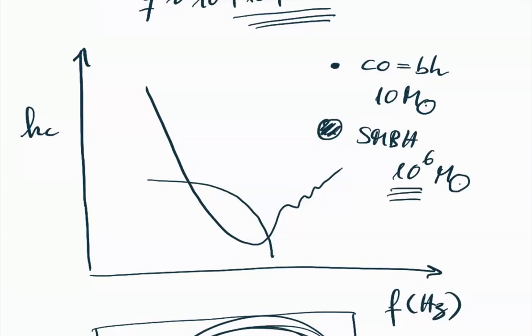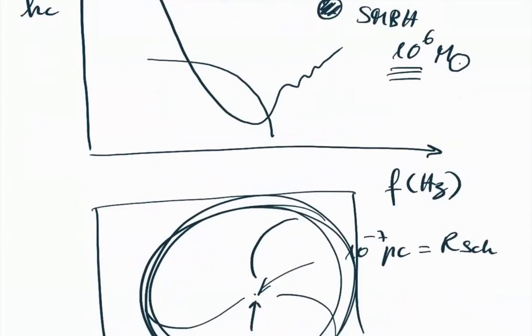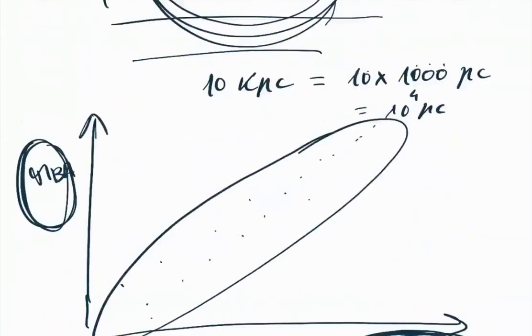So why are these systems interesting? Well, they're interesting because of what I was explaining before. First of all, in the case of our Milky Way, this is the galactic center, right? This is not a black hole, this is the galactic center.